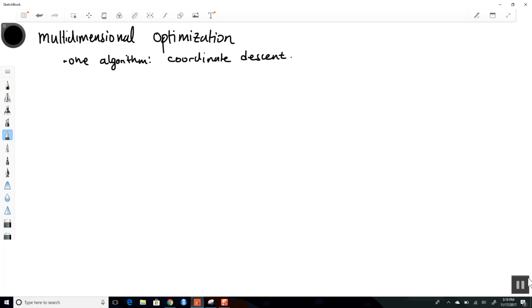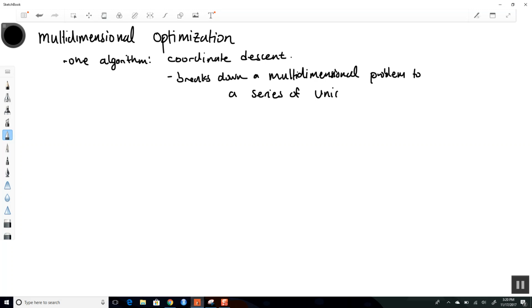That's another multi-dimensional optimization method, and I cover that in 102B. Here we look at coordinate descent, and what this basically does is it breaks down a multi-dimensional problem to a series of unidimensional problems.